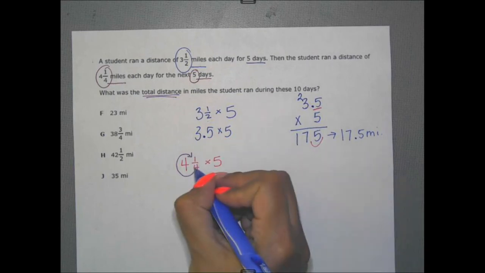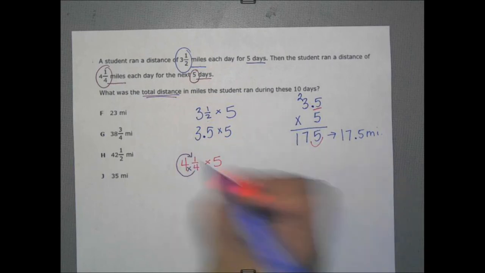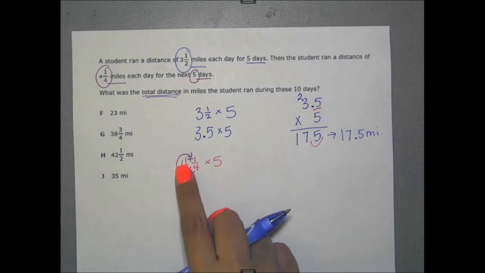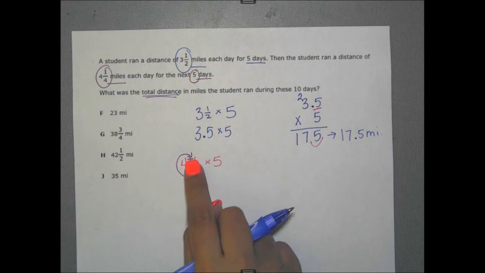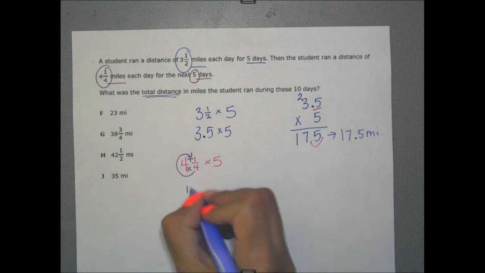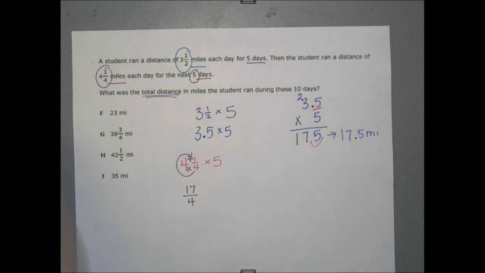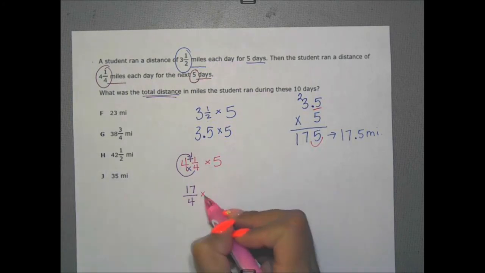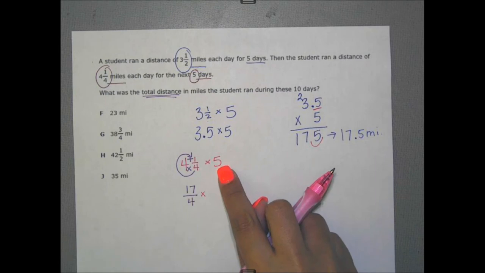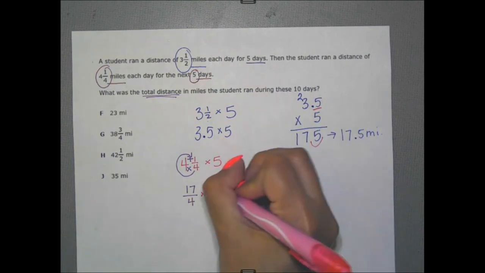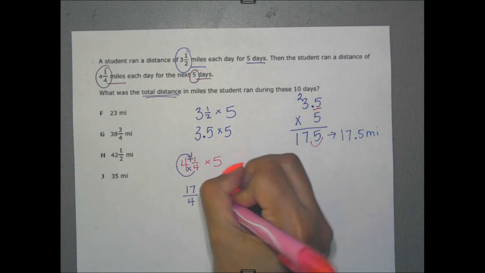So that's when we do 4 times 4 plus 1. 4 times 4 is 16. 16 plus 1 is 17 over 4. Now, I still need to turn this whole number 5 into a fraction. And to do that, I have to put a 1 under it. So 5 over 1.